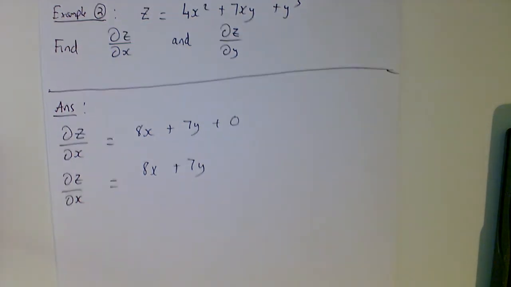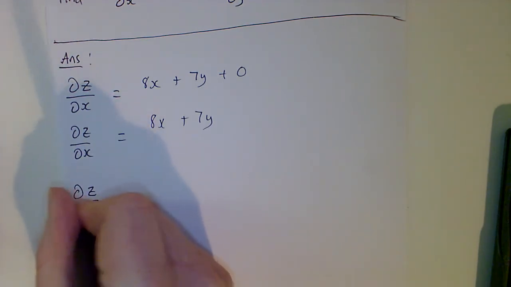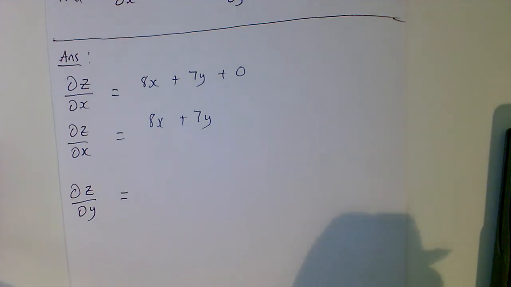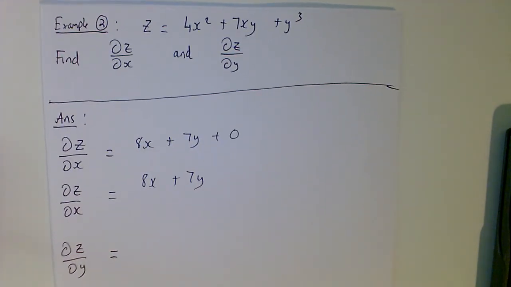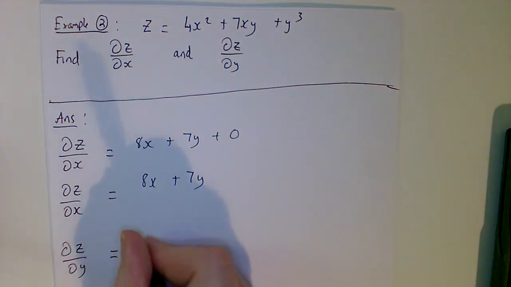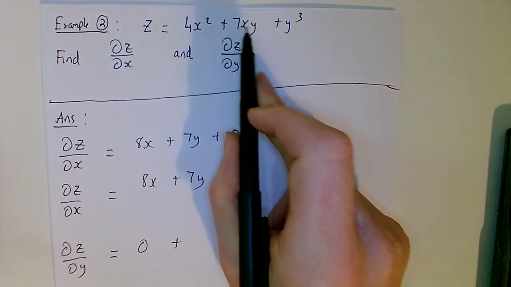Okay? So let's look at partial dz by dy. We're differentiating with respect to y. This bit you just get x's in it, so that's just going to become 0. This one has x's and y's in it.